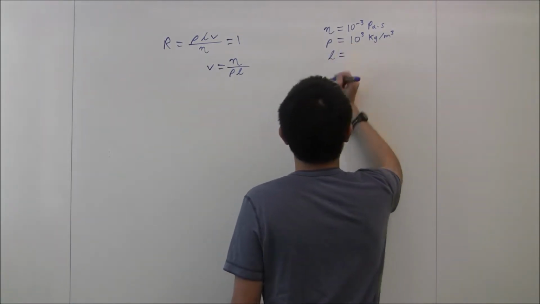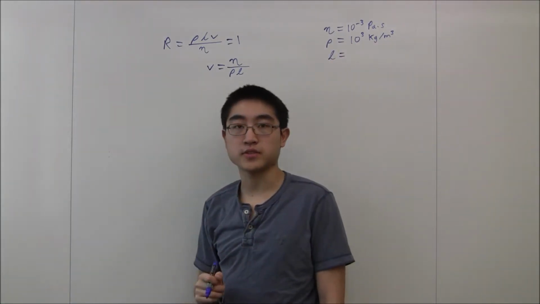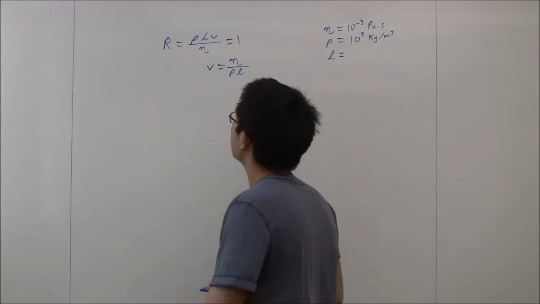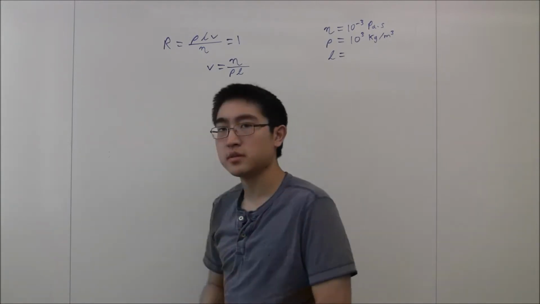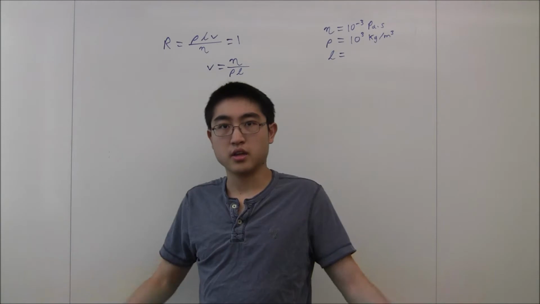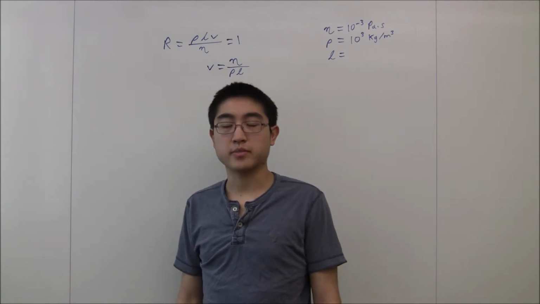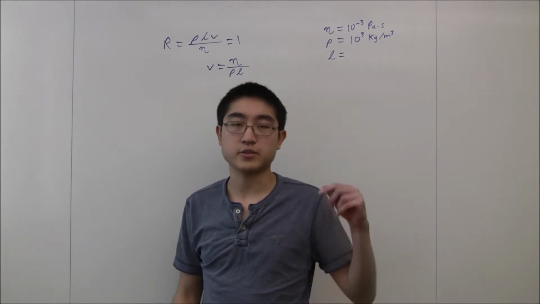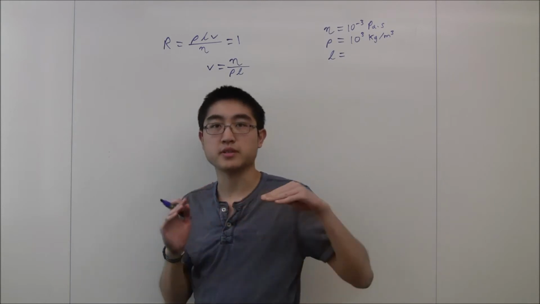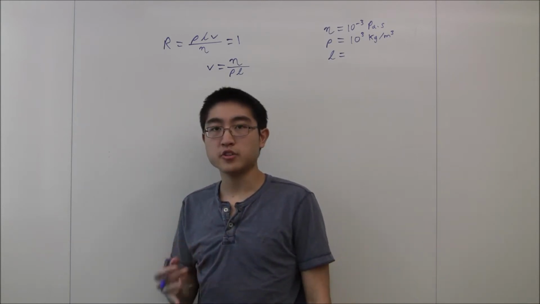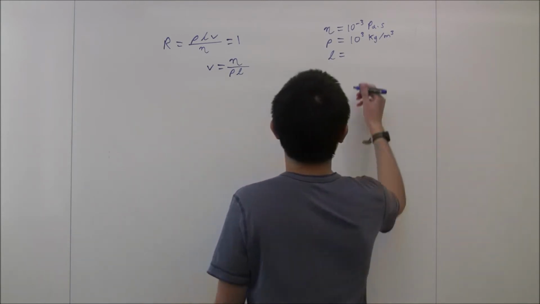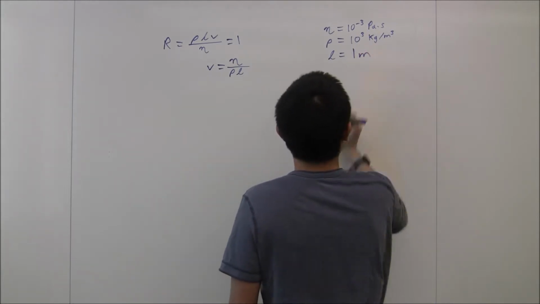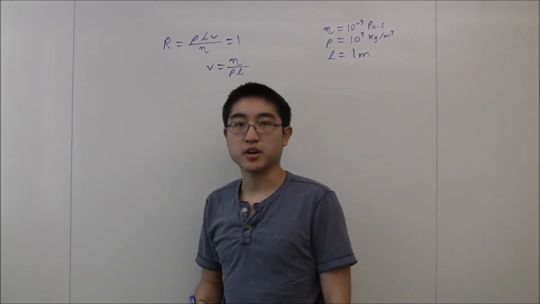And now we just have to worry about what value to use for the typical linear dimension. So for a person, it's probably going to be the wingspan of the person swimming through the water, since that's what's resisting the water as it moves through it. We're just going to take L to be 1 meter for convenience's sake, which is not too bad of an approximation.